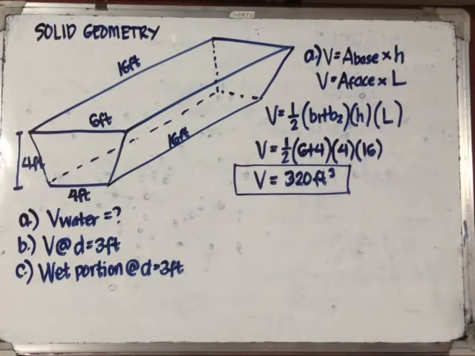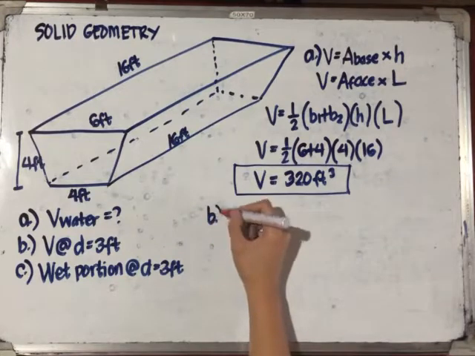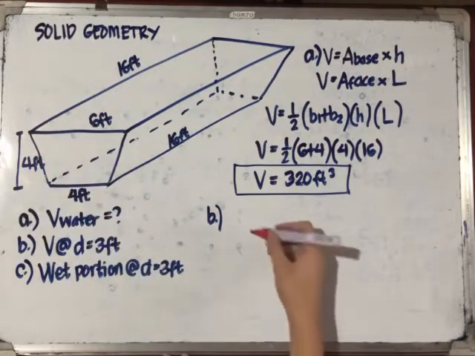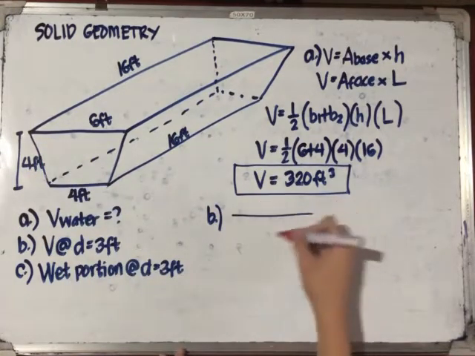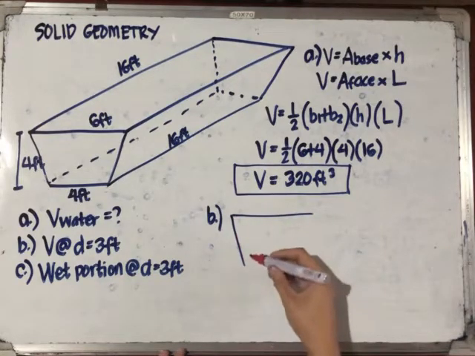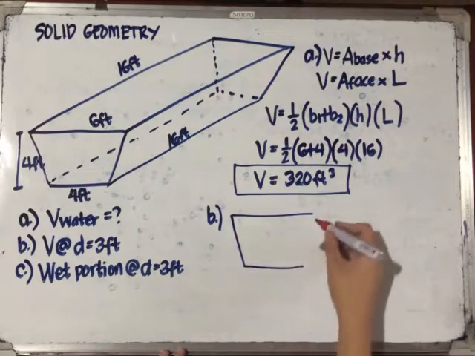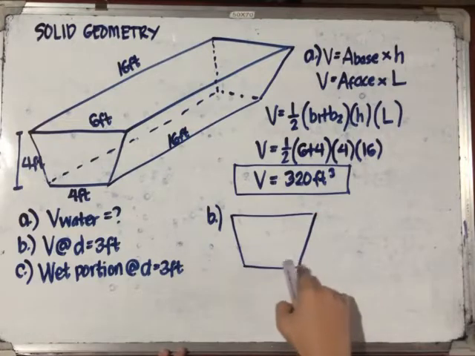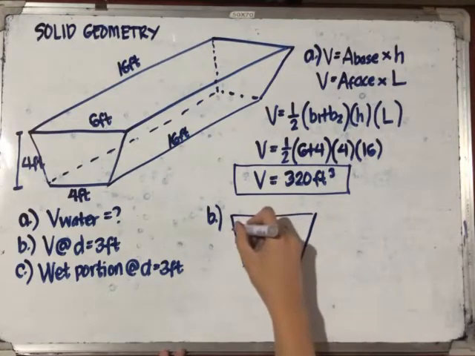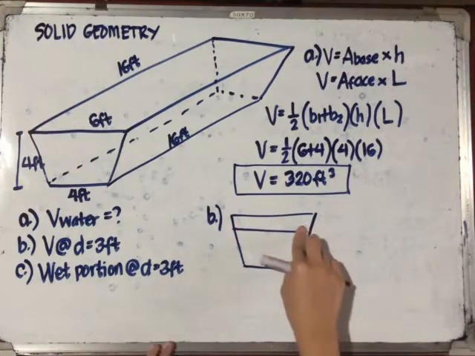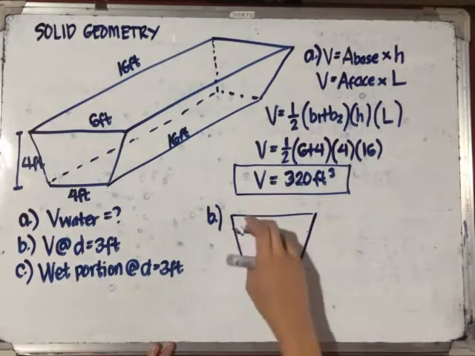Now, next question naman natin is, what is the volume of water at depth is equal to 3? Depth is equal to 3. Let me draw the trapezoidal face here so that you would see what happens when the depth would be now equal to 3. Okay, ito na siya. Instead na 4 siya kanina, magiging 3 siya this time.